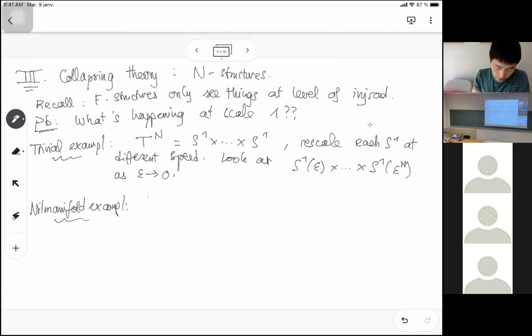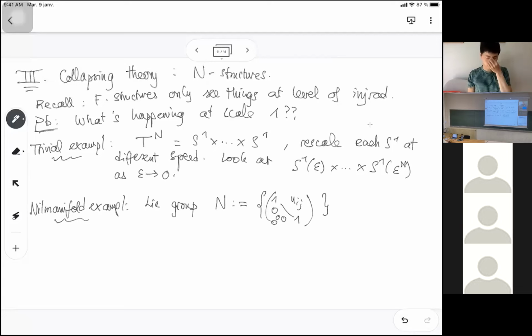So you look at the Lie group N, a certain group of upper triangular matrices with 1 on the diagonal, 0 below, and you might have some coefficients above. This Lie group is so-called nilpotent in the sense that if you take the commutator of N with itself and repeat that, you take the commutator with N again and again, you get 0.